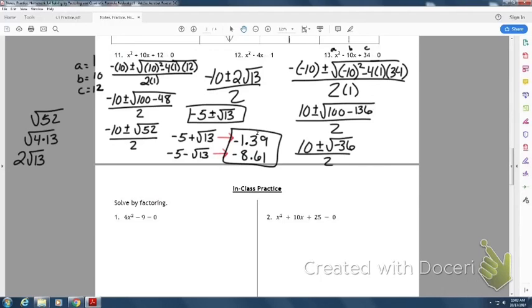Alright, Allie, put the square root of negative 36 in your calculator and tell me what it says. Error. Because you can't take the square root of a negative number. Okay?